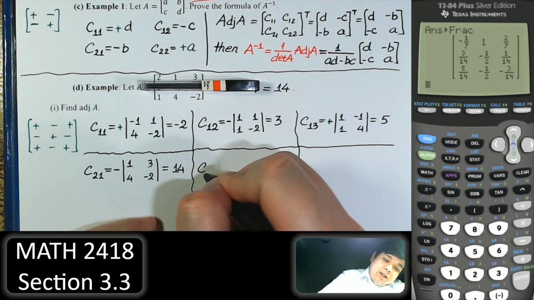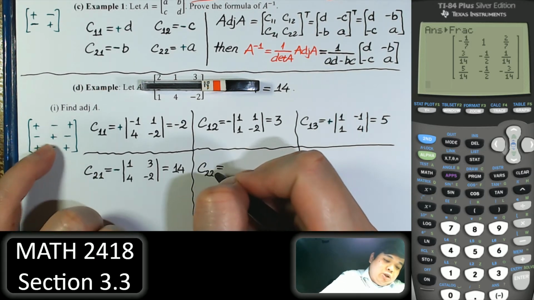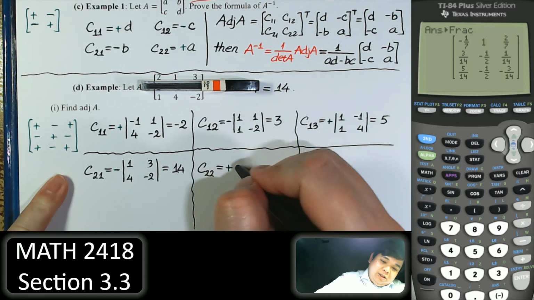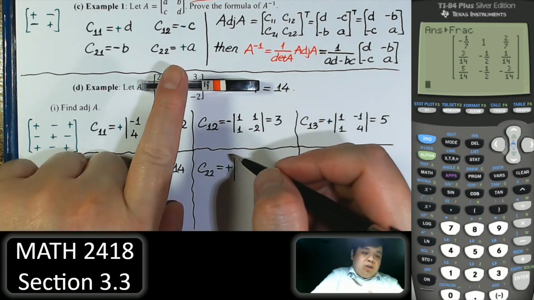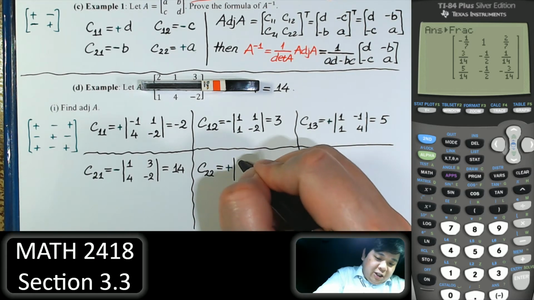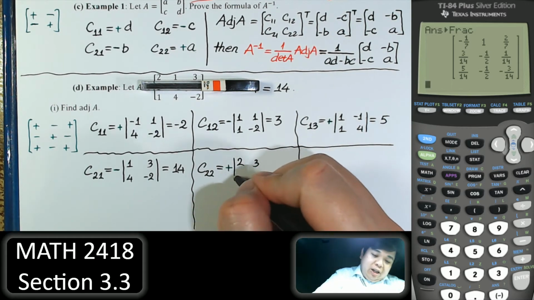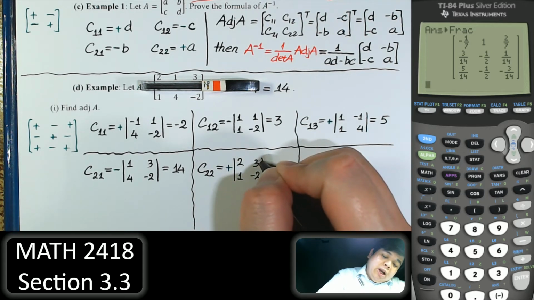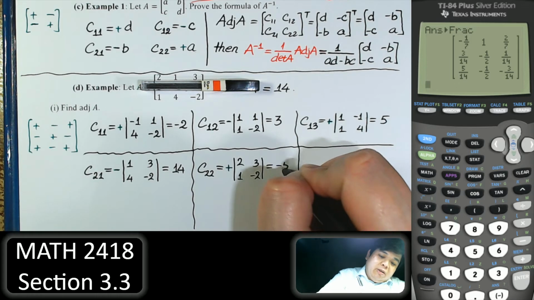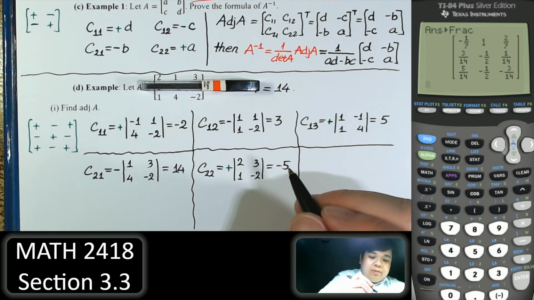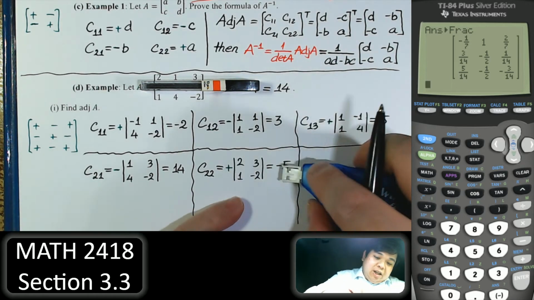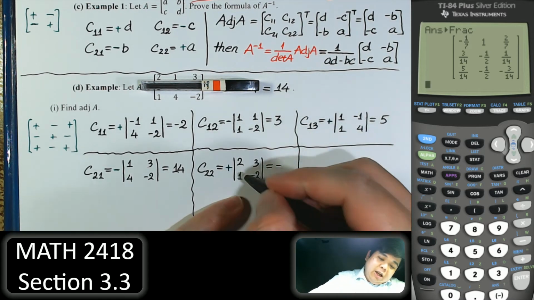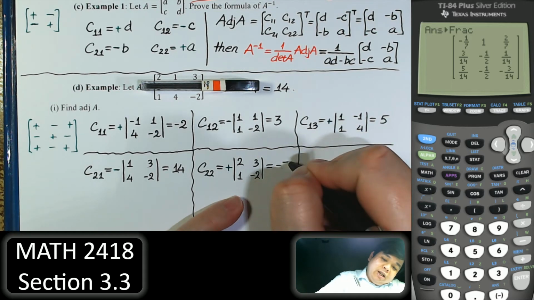Right, C22 stands on the plus sign. Now, 2, 2, so we have 2, 3, and 1, negative 2. Negative 4, negative 3 is negative 7.